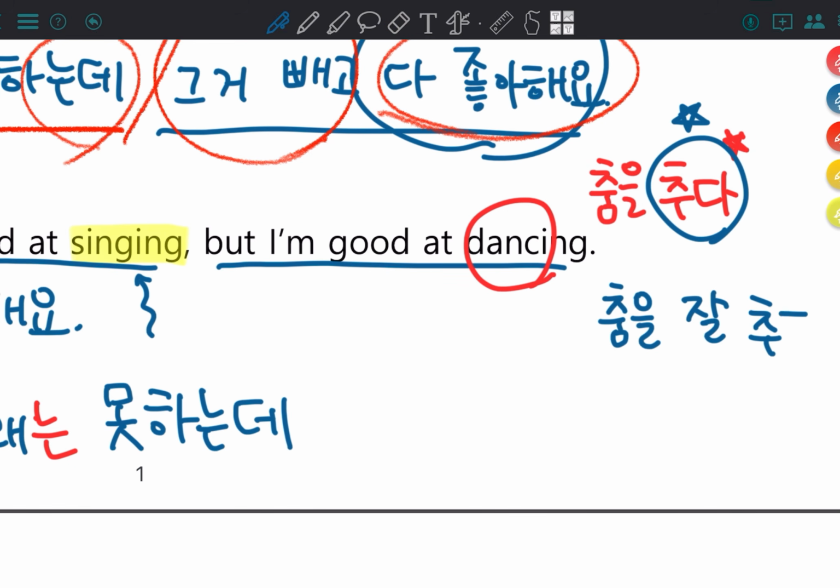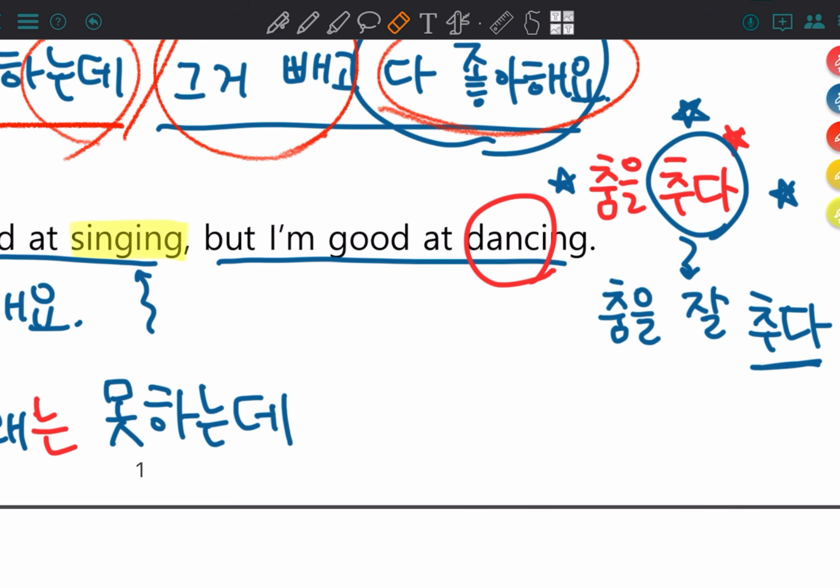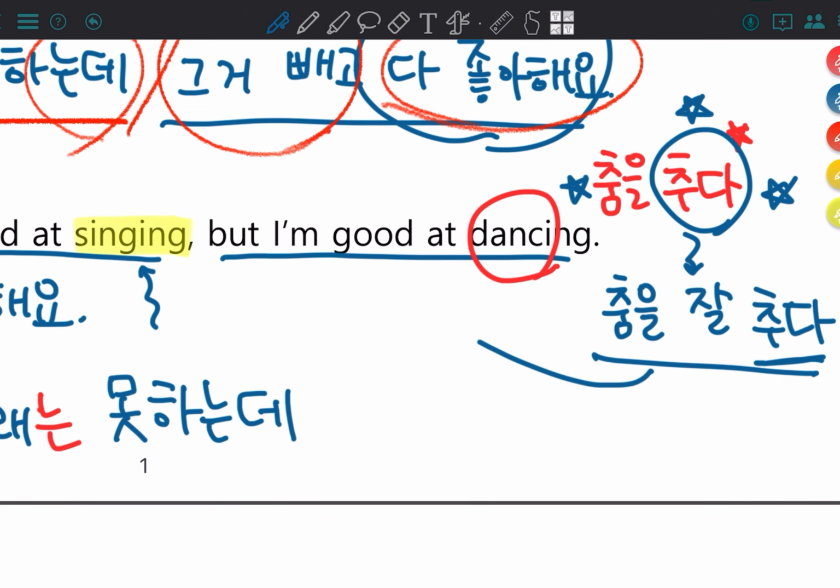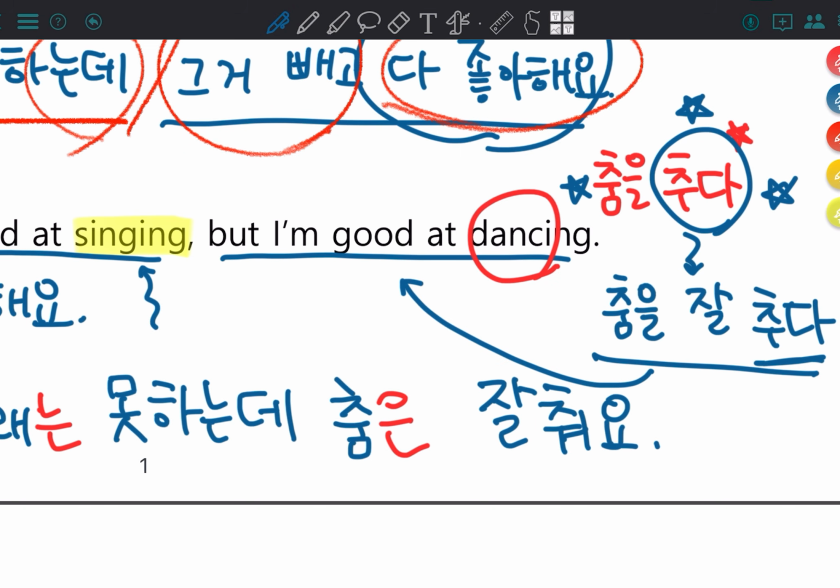We use the corresponding verb. And there are many more verbs like this, and we are going to continue to learn those verbs. So using 춤을 잘 추다, you can say 춤은 잘 춰요. But I'm good at dancing.